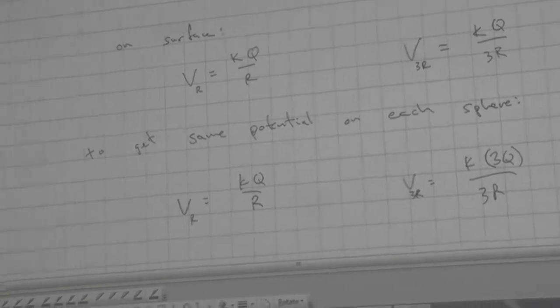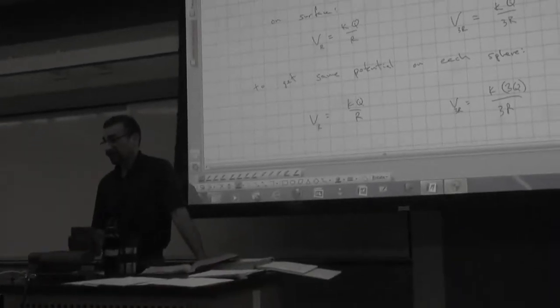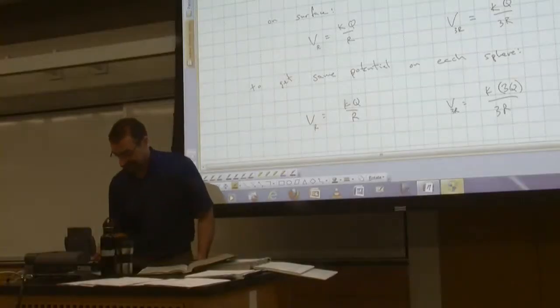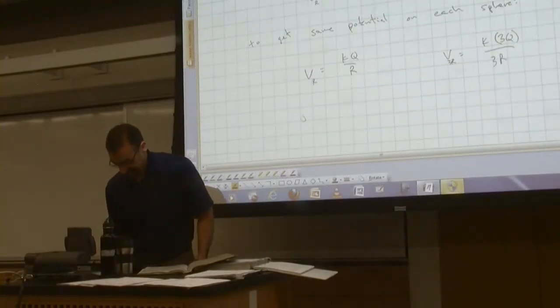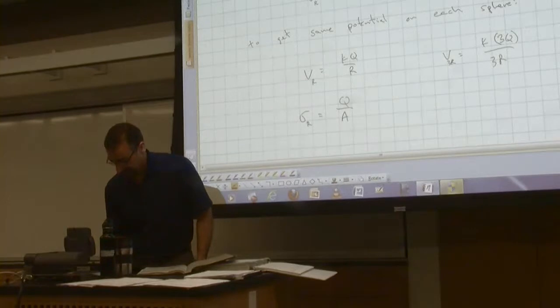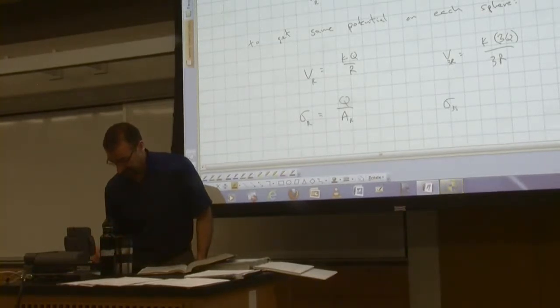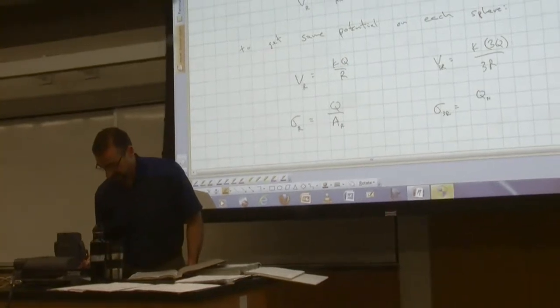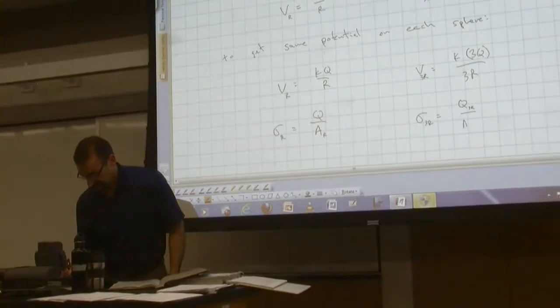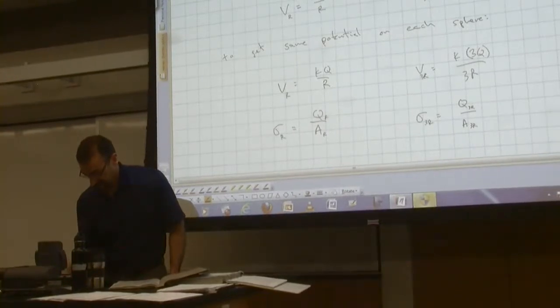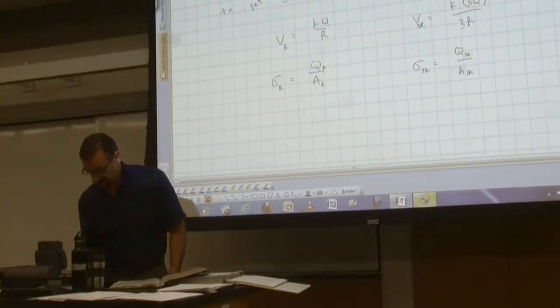How do the surface charge densities compare? So this has 1Q.